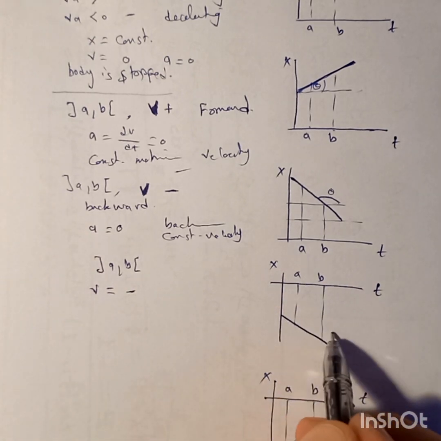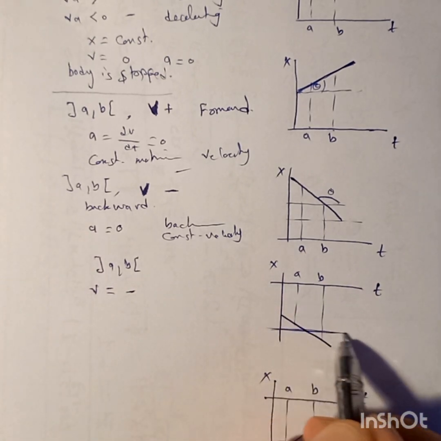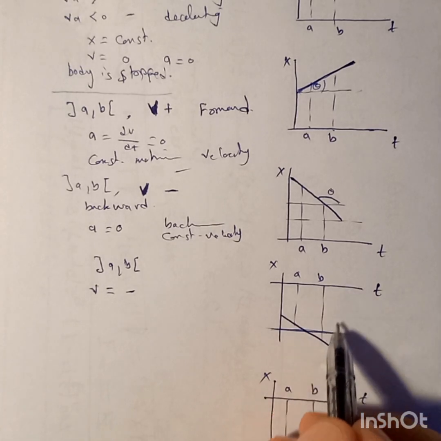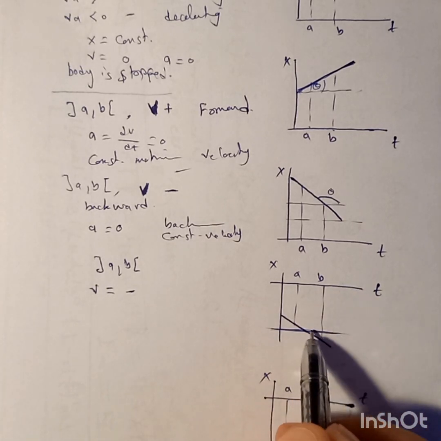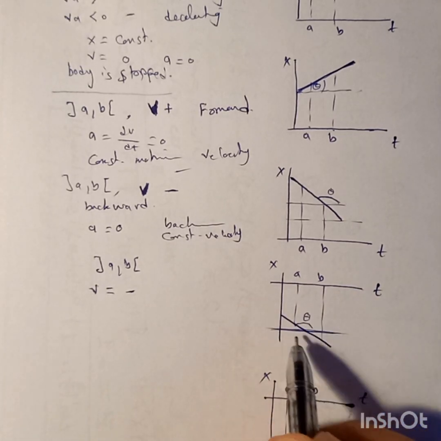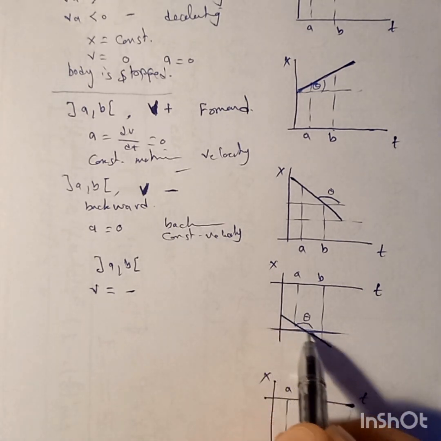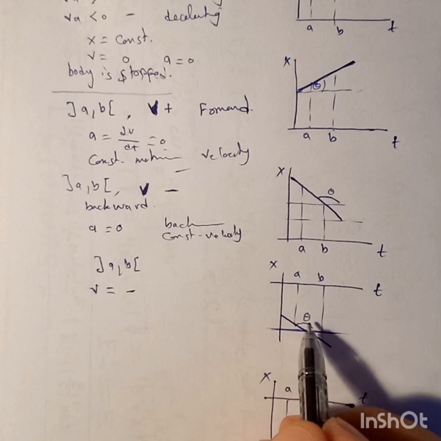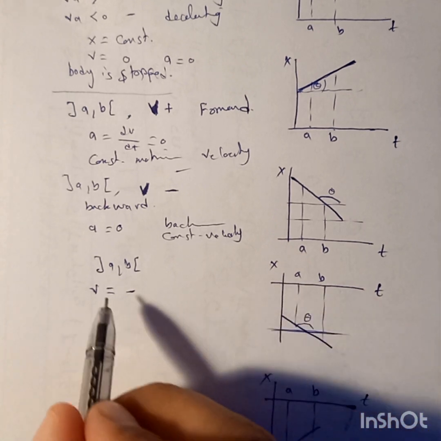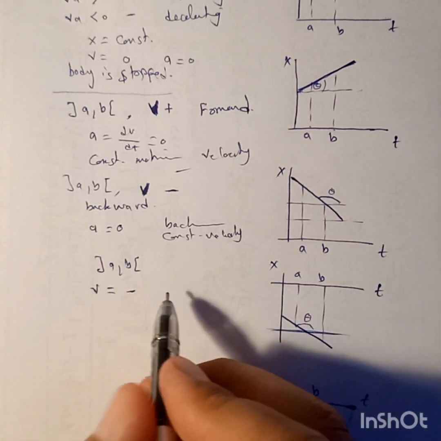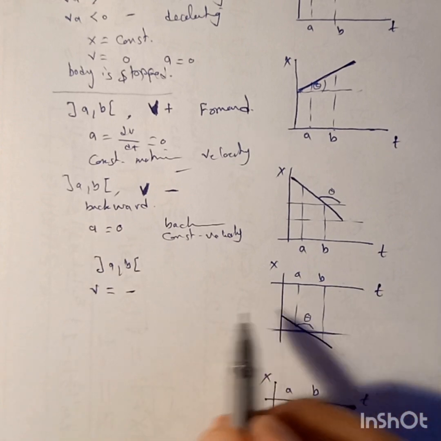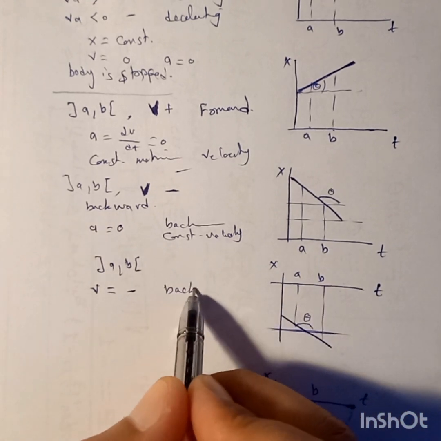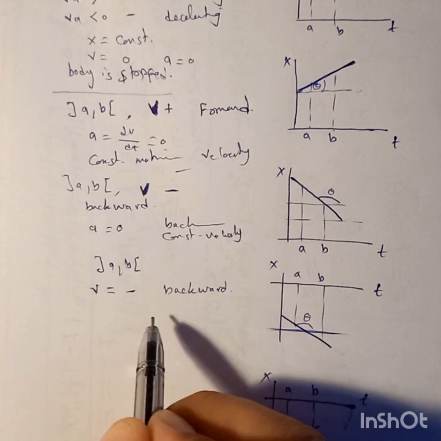The slope is negative: if we draw a straight line parallel to the x axis, then we have this obtuse angle made by the tangent with the horizontal line. Then the slope is negative and consequently velocity is negative as well. Then here the body is moving in the backward, or reverse, direction.